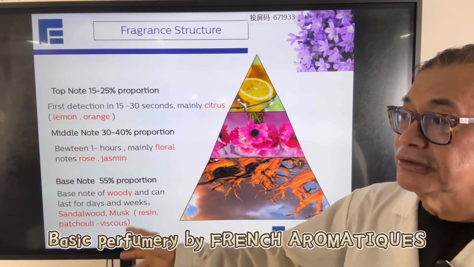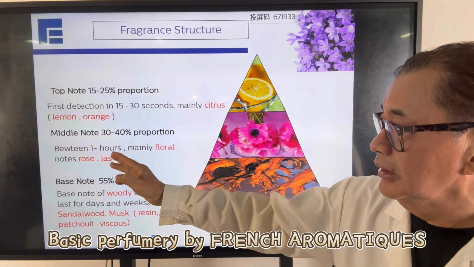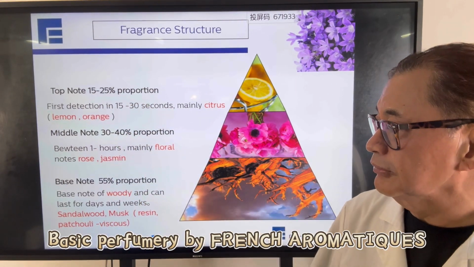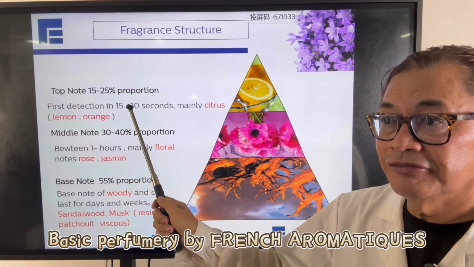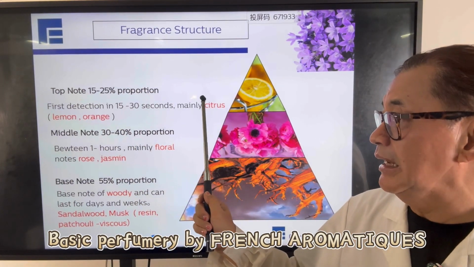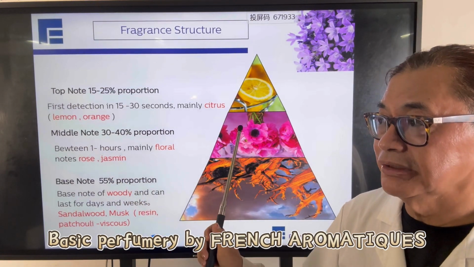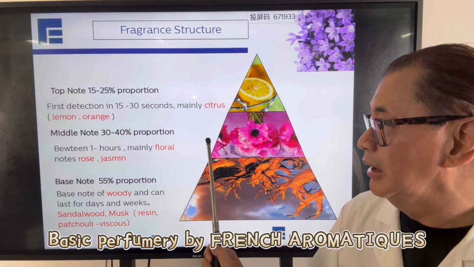So for the fragrance composition, the structure could be made up of top note, middle note, and base note. The top notes are the ones that evaporate very fast, and tend to be citrus like lemon or orange, whereas the middle note tends to be floral, like rose or jasmine.